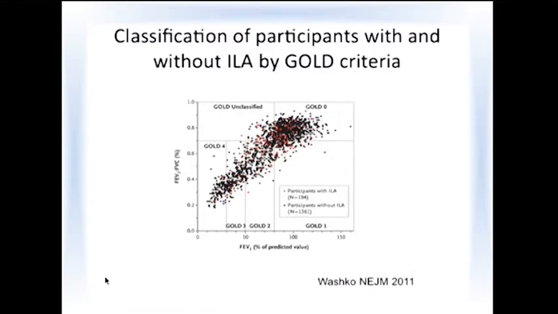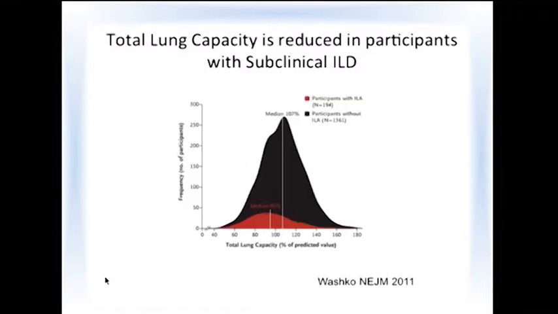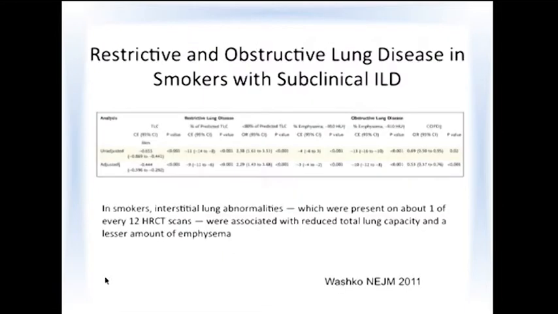One of the limitations of looking at this phenotype is there's really no correlation between pulmonary function tests and the actual phenotype. But when we did the volumetric analysis of the CT scans, looking at total lung capacity and the frequency of participants, we can see that there's a shift, a reduction in volumes in the individuals who have interstitial lung abnormalities.